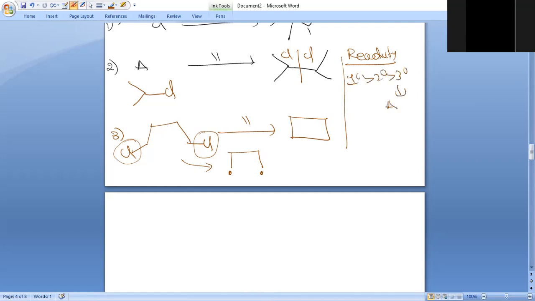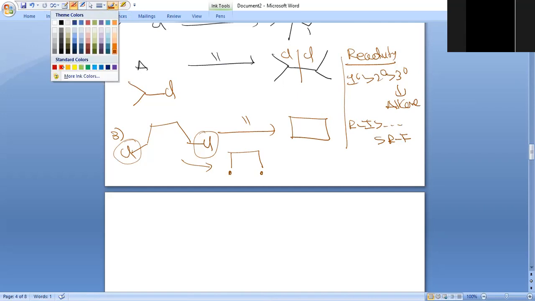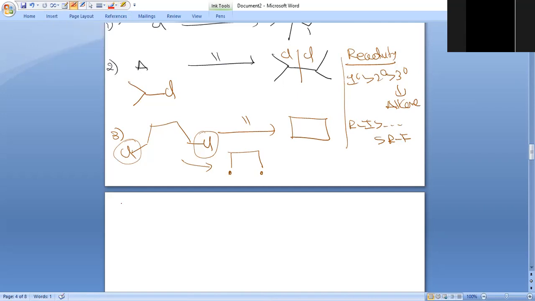Tertiary majorly gives alkenes as the product. And iodides will be more reactive, then bromides, and last will be fluorides. Clear this point? Yes, sir. Okay. And the third type of reactions given by these compounds are elimination reactions.